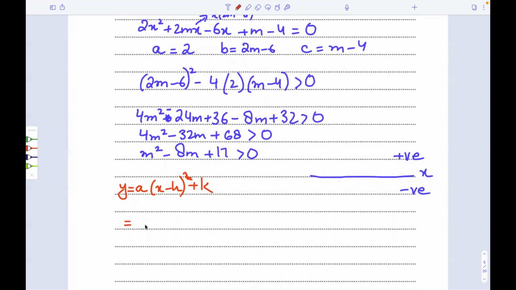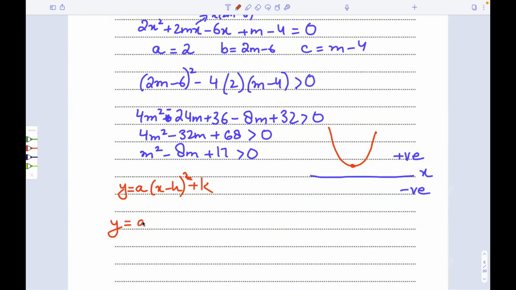So we convert this into the completed square form and then find the turning point, because by finding the turning point, we'll be able to prove that the whole curve lies above the x-axis. So first of all, we can just expand the bracket.